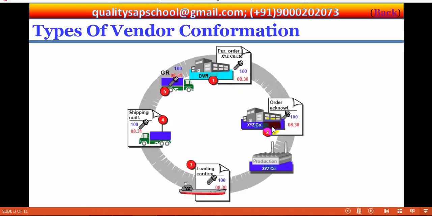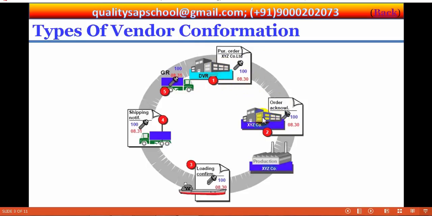One is from the vendor to the customer, another from the customer to the vendor. The information which comes from the vendor to the customer is called confirmations, whereas information flowing from customer to vendor is called expediters, meaning make it faster. It is going to request, please send the acknowledgement.